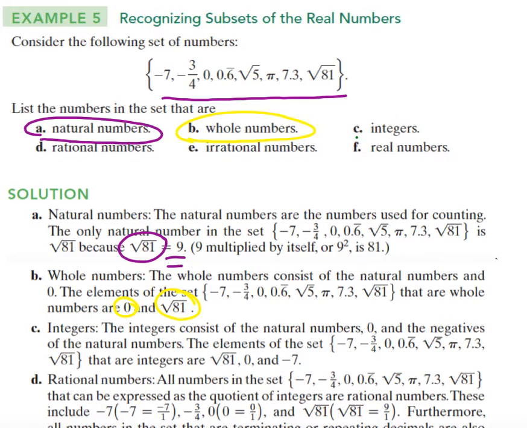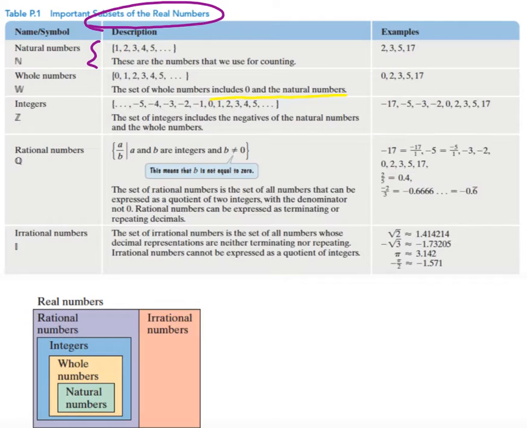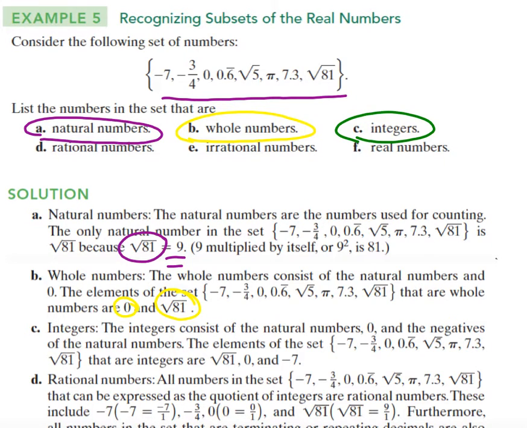Integers. Let's head back to this slide. Integers are your negatives of the natural numbers and the whole numbers. So if we look here, we talked about square root of 81, which reduces to 9. We've talked about 0. And then we can add one more in, negative 7, the negatives.